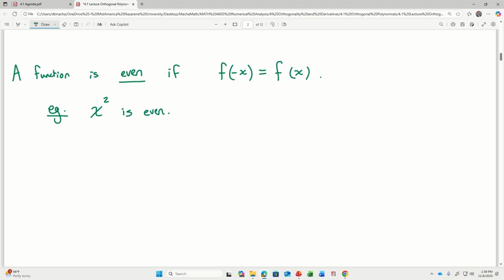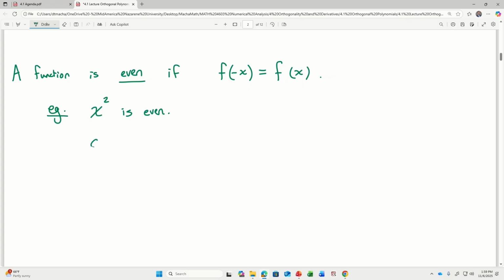A function is even if plugging in a negative argument is the same thing as plugging in a positive argument. That's what makes a function even. So, for example, x squared is even because if I plug in a positive or a negative, I get the same output.